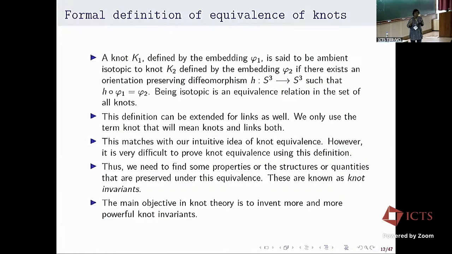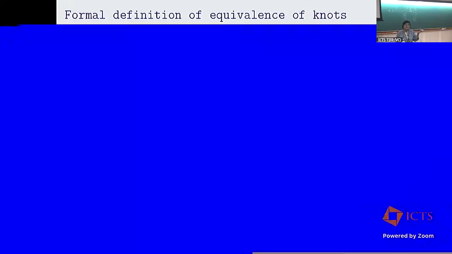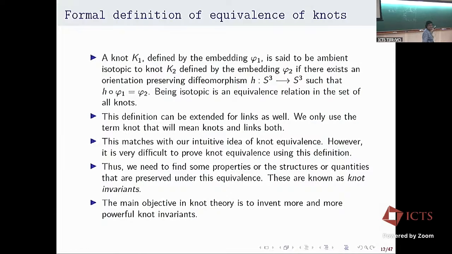But now the question is, I give you two knots and you have to check whether they are equivalent. It's hard to check that they are equivalent. It's easier to check that they are not equivalent, at least to eliminate. So how do I do that?